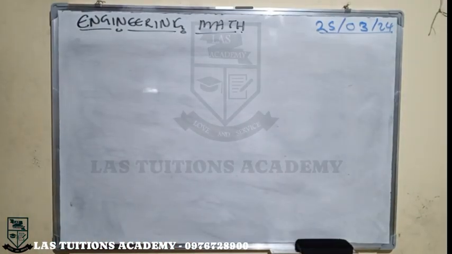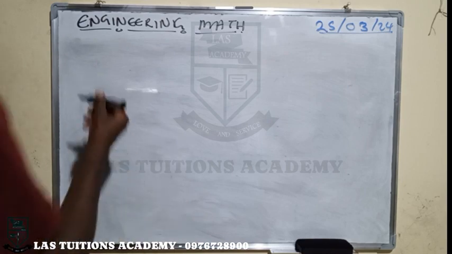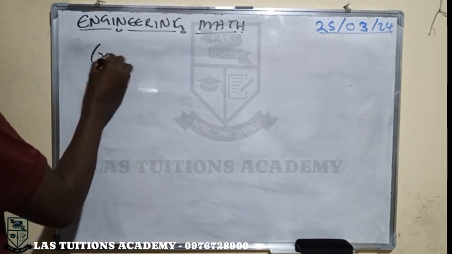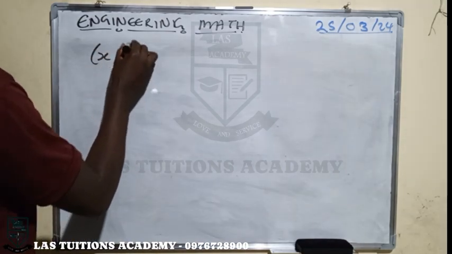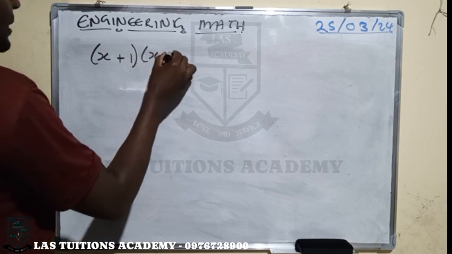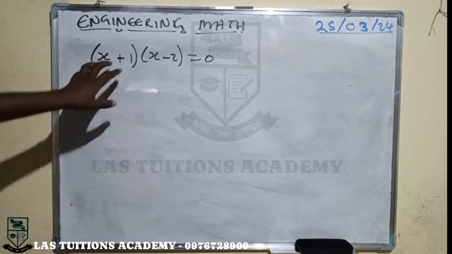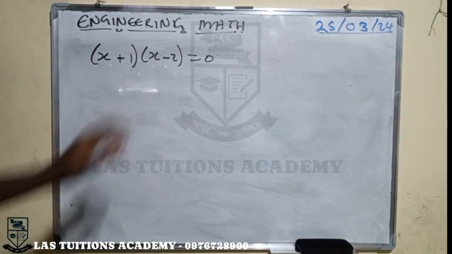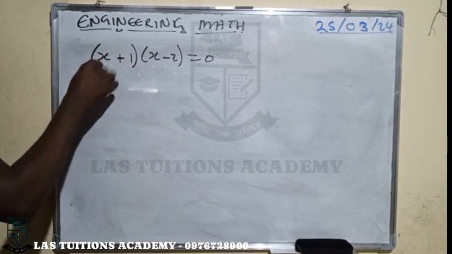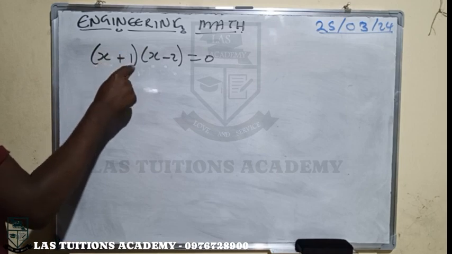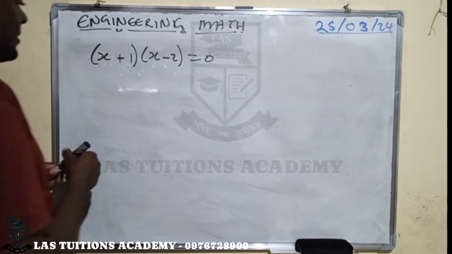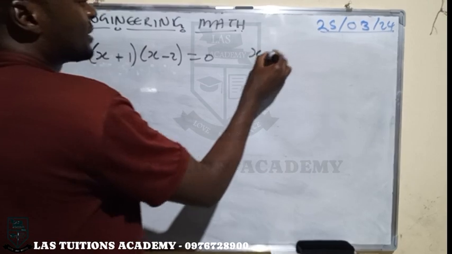So let's say we have (x plus 1)(x minus 2) equal to 0. This is a factor and this is a factor. When you equate this to 0, x plus 1 equal to 0 gives you x equal to -1.